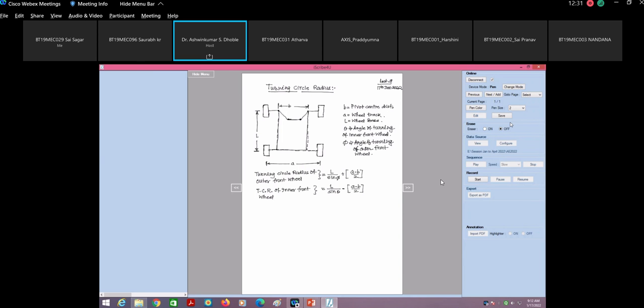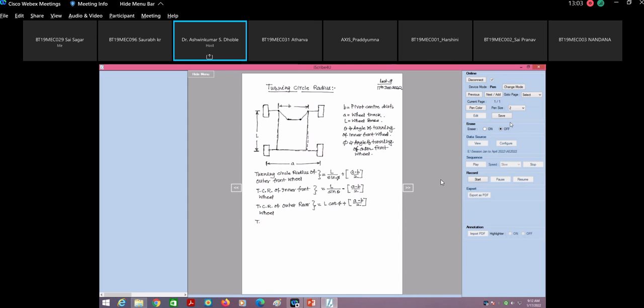Then the turning circle radius of the outer rear wheel is given by L cot of phi plus a minus b by 2.